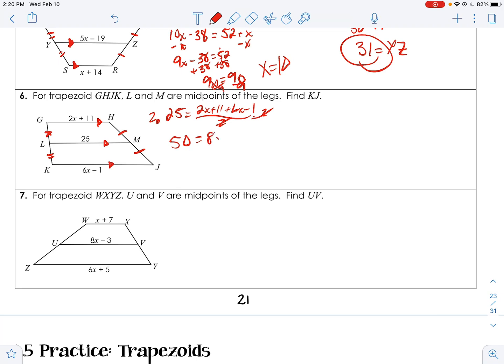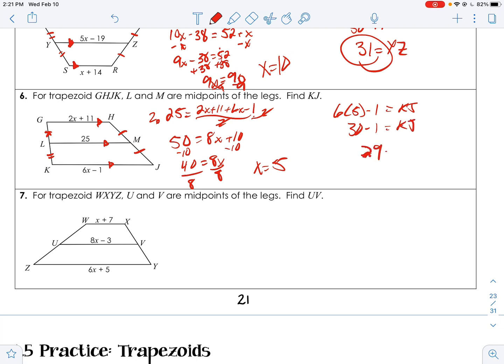Reduces to 1. 50 equals 2x and 6x is 8x. 11 minus 1 is a 10. Let's subtract 10. 40 equals 8x. Divide by 8. x equals 5. We have to find KJ. So 6 times 5 minus 1 equals KJ. 30 minus 1. So that'd be 29.